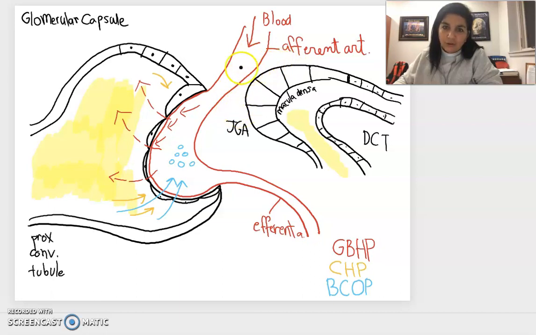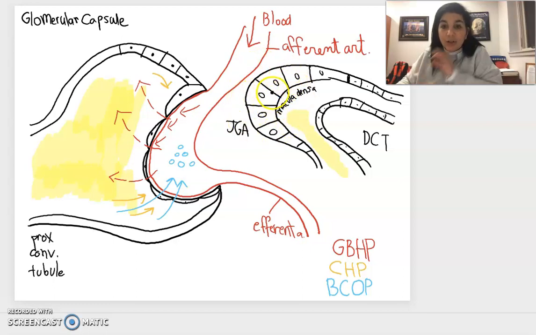All of this, in conjunction with the cells next to the afferent arteriole, is called the Juxtaglomerular Apparatus. So this is the apparatus next to, juxta, the glomerulus. So the Juxtaglomerular Apparatus is this collection of cells. So I'm just going to draw them like that. This is the macula densa part of the apparatus.